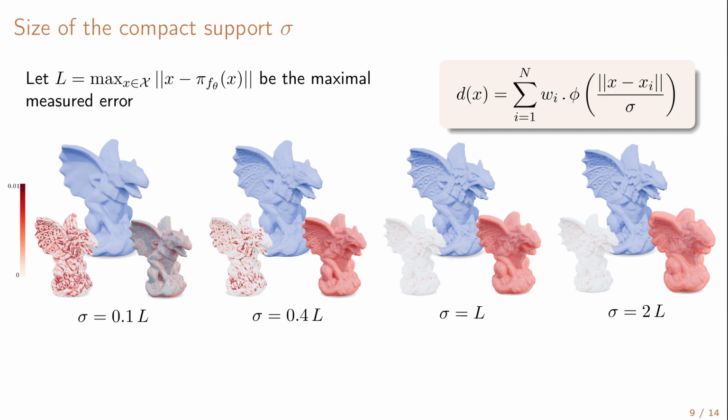And we performed a grid search experiment to determine the best sigma, and it turns out that starting from sigma equal to this maximal measured error, we get a perfect result, and increasing sigma even further doesn't really increase the quality, and you only get more computational cost in the resolution. So in practice, we take sigma equal to 1.1 L. That is the best trade-off between accuracy and speed.